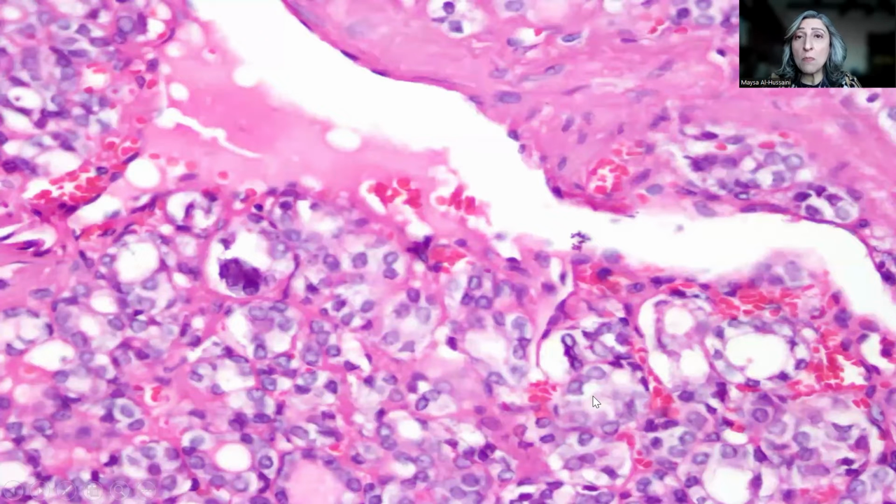This is on higher power magnification, just to confirm that we have the same cellular appearance of the follicular epithelial cells. Remember that these lack completely any nuclear features of papillary thyroid carcinoma, and then these are all sitting within the lumen of the large vein, and this is the wall of the large vein.